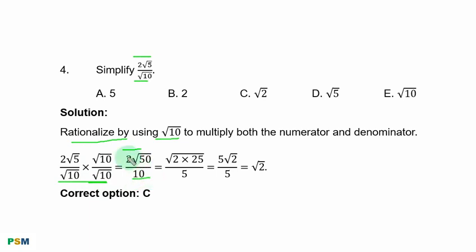If you divide 2 and 10 by 2, you have 5 here. Now, in 50, 25 is a perfect square. So you write 50 as 2 times 25. The square root of 25 is 5. Then you have root 2 divided by 5. 5 cancels 5. You are left with root 2. The correct option is C.